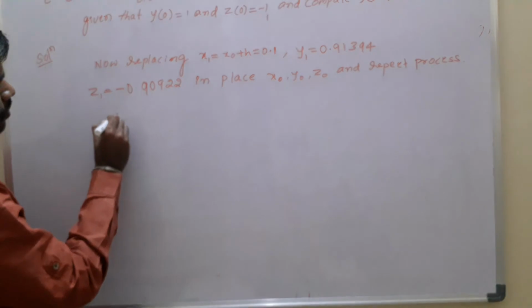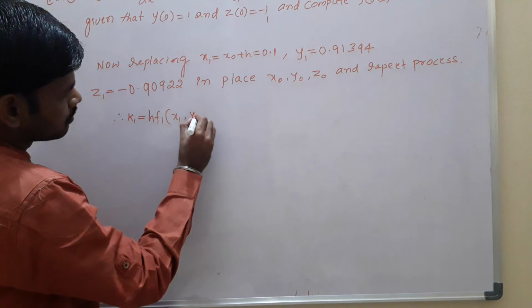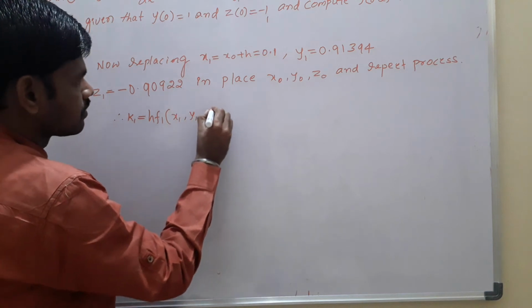So therefore k1 equal to h into f1. Instead of x naught, we take x1, y1 and z1.